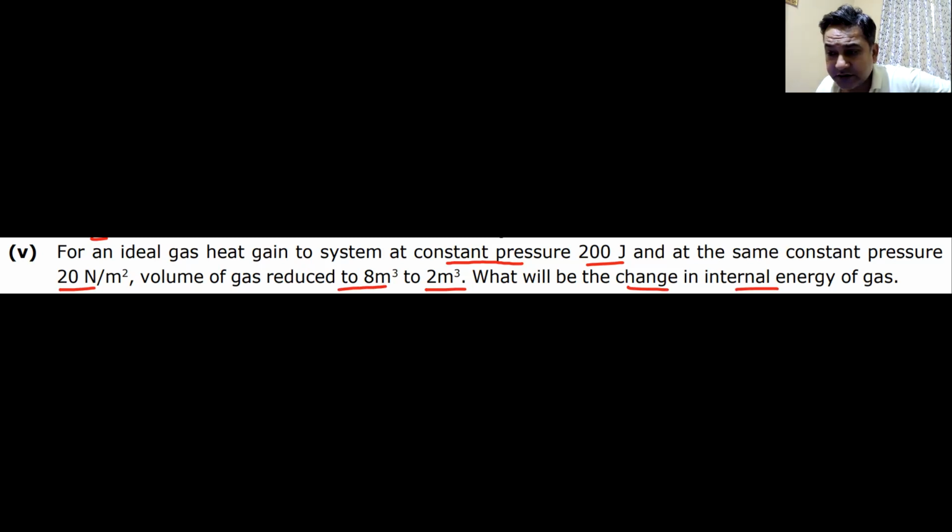I'll give you a minute to solve it. I hope you would be able to do this. Please carry on. What is given? The heat given to the system, delta Q, is given, pressure is given, how much the volume has changed is also given. You have to find the change in internal energy of the gas.